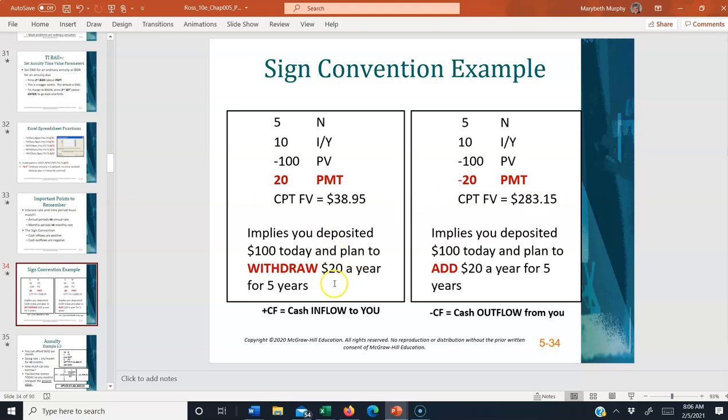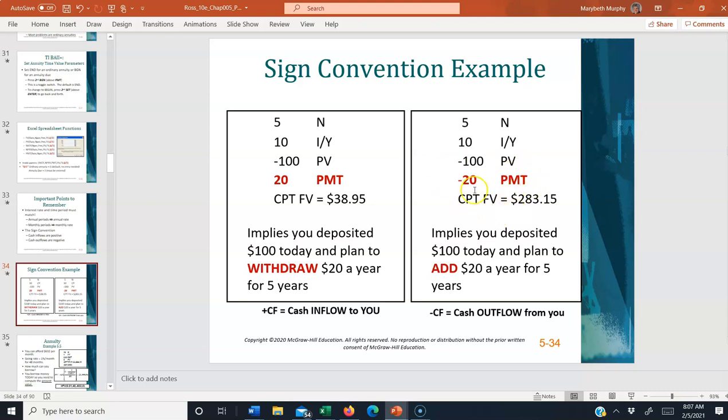Just to give you that sense of, is this reasonable? In the first one, you're going to end up getting $20 a year for 5 years, and they want you to compute the future value of that. In this one, let me backtrack here. In the first one, cash flow is coming in, which means we're taking back what we invested.